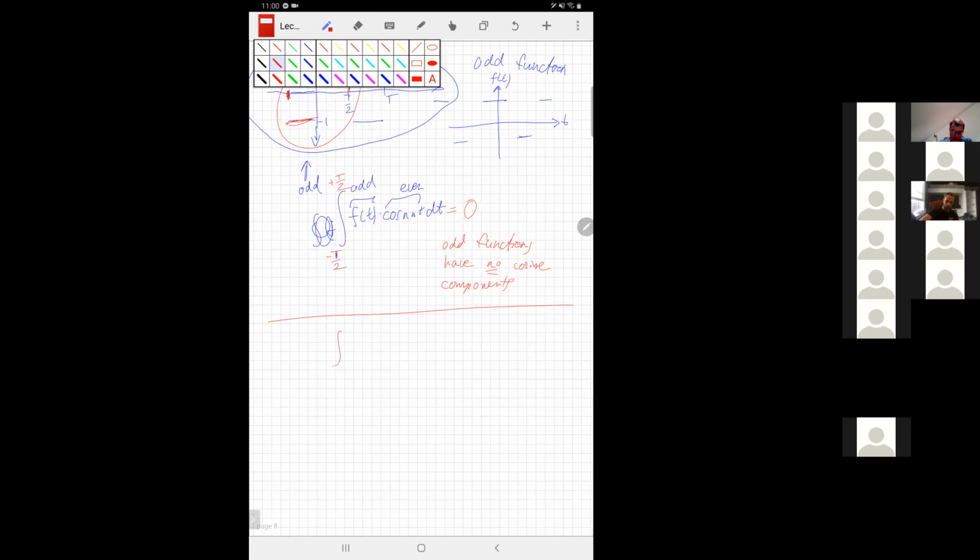So then I could integrate, I'm going to break this integral up from minus T over 2 to T over 2 of sine n omega t times negative 1 dt.